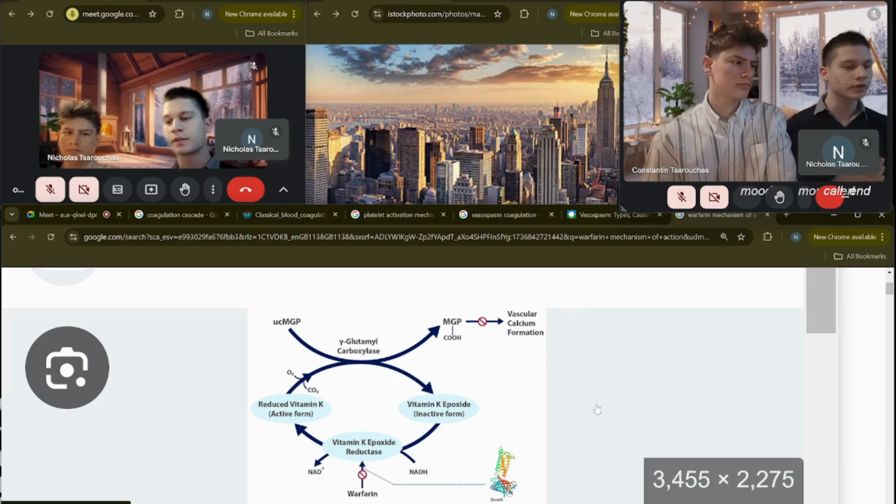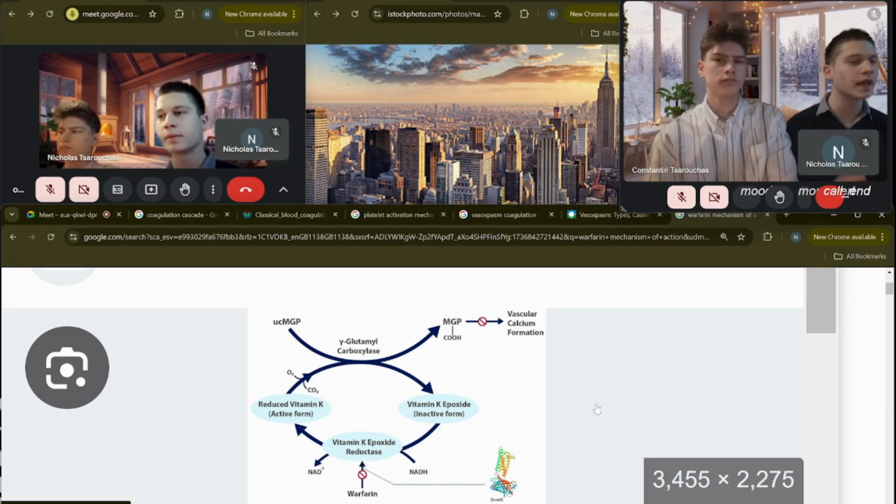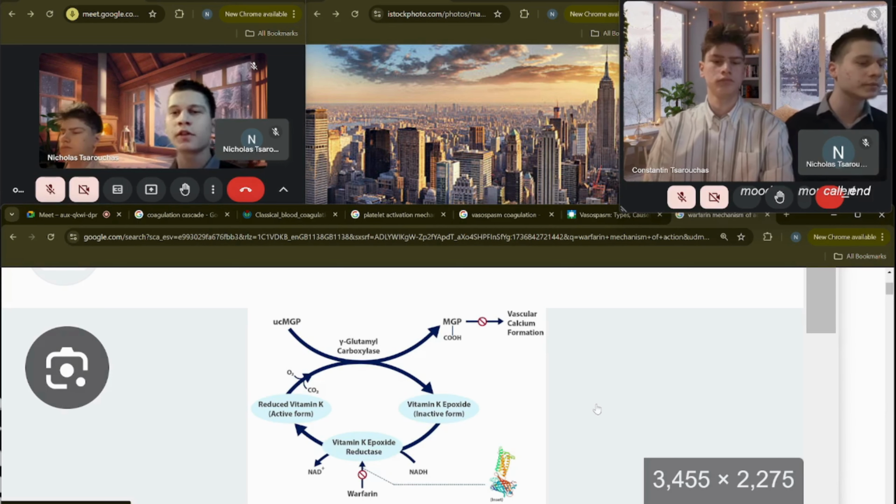This is a post-translational modification through oxidation mediated by vitamin K. You need to replenish your vitamin K so that you can undertake this gamma carboxylation, and this is done through vitamin K epoxide reductase. However, if you're blocking that with warfarin, you cannot use your vitamin K for this process.